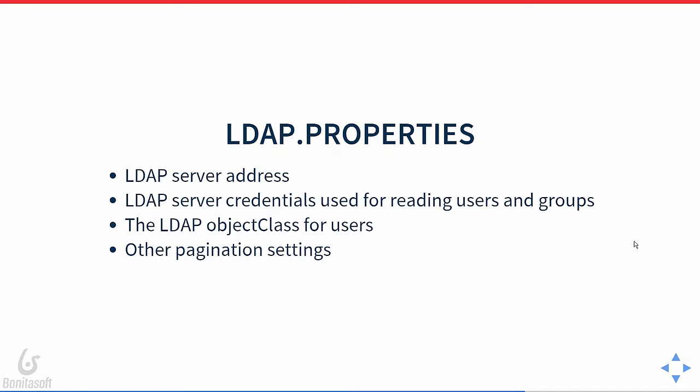There is one extra setting, I will not spend too much on that, about which kind of LDAP object class is used to store users. And we have some pagination settings there to make sure that it's performant and efficient in terms of memory usage.